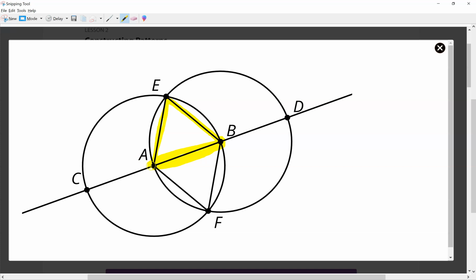That means that circle A and circle B have the same radius, which means that this line here has to be the same as this line here. When you explain that in your own words, you'll have to figure out the best way to explain it for you.